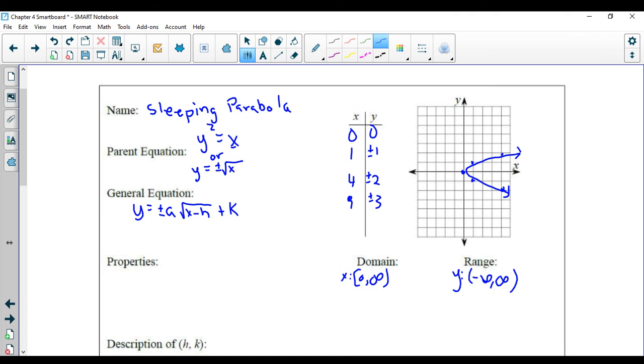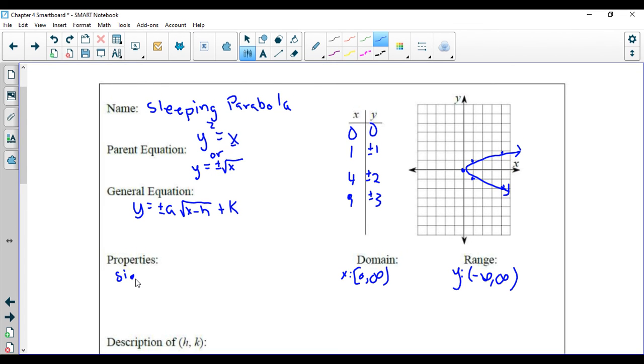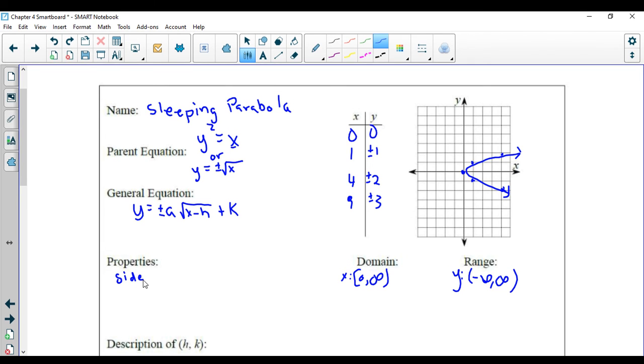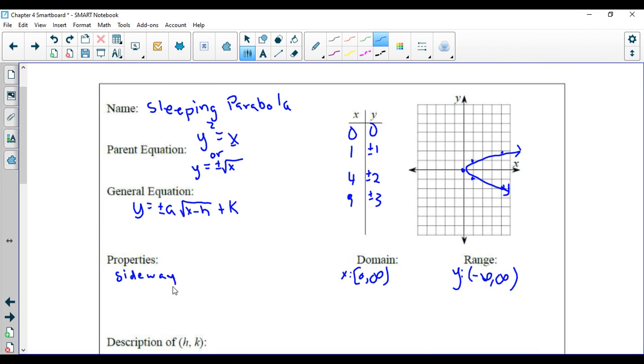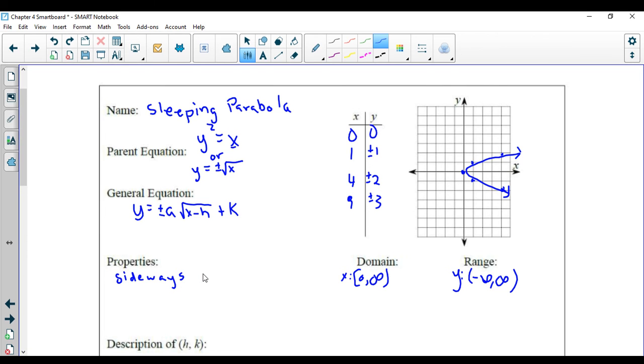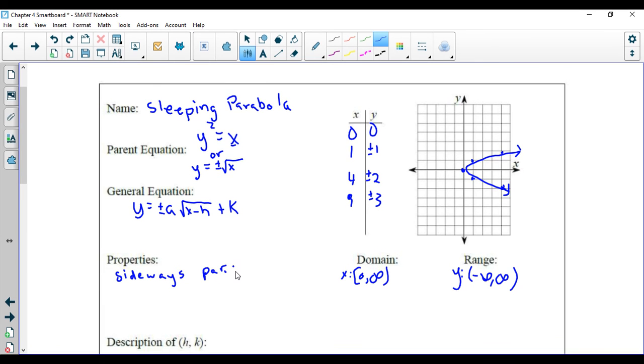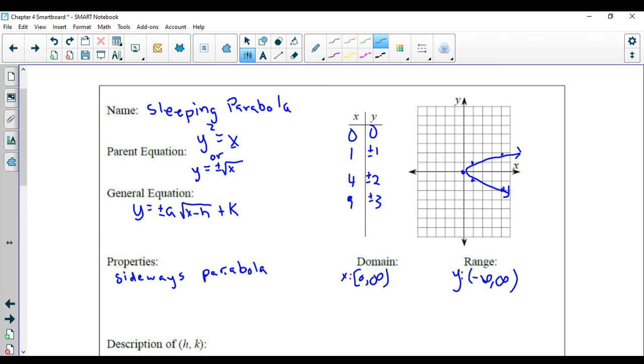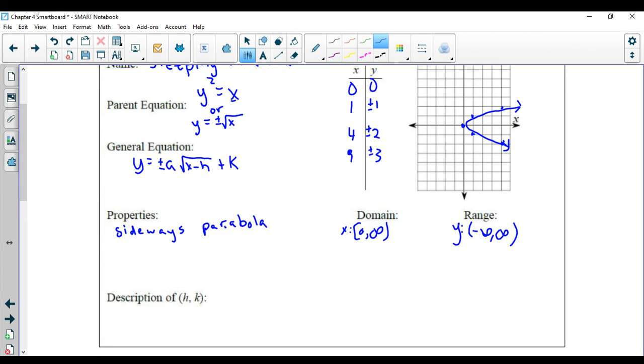Our property is that it's a sideways parabola. And then our h, k is at 0, 0 for the parent, which is what we call our side vertex.